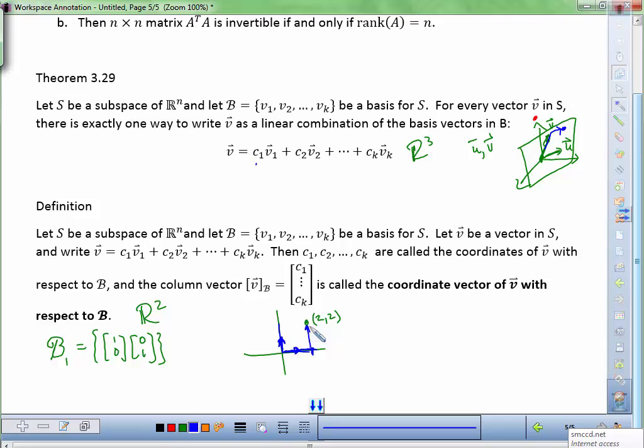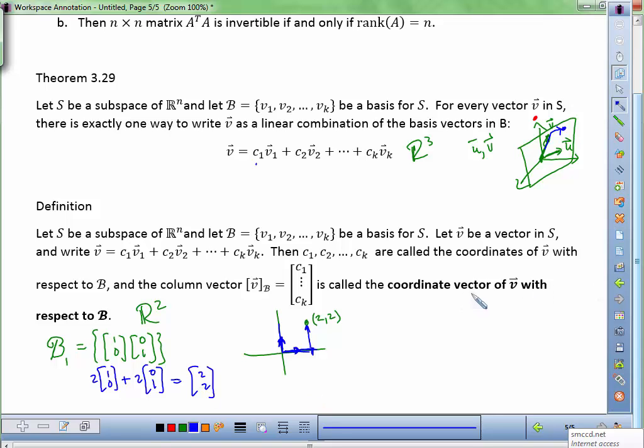So if I take my first vector and multiply it by 2, and take my second vector and multiply that by 2, then I'm going to get to (2, 2).